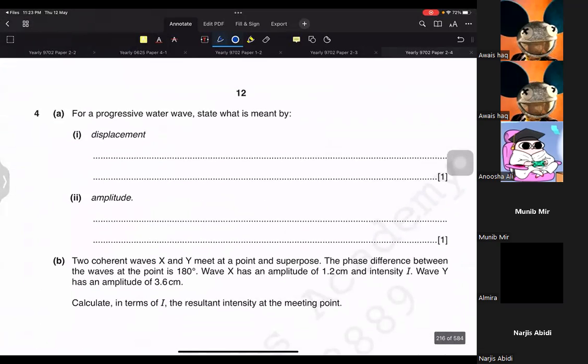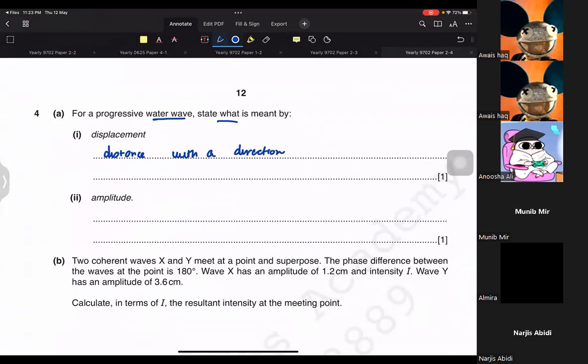Now, question number 4. This is my favorite part of the paper. I love waves. The progressive waves: state what is meant by displacement. So displacement, in waves particularly, is distance with a direction.